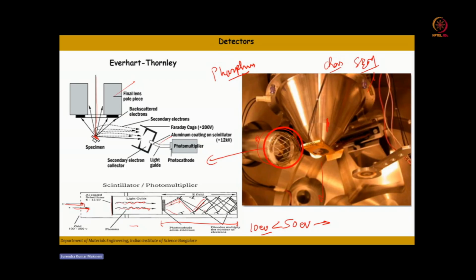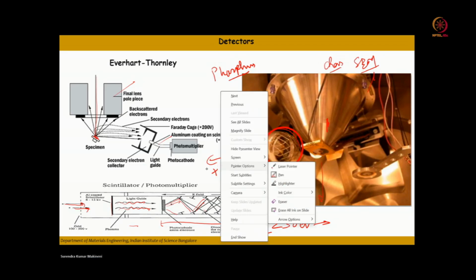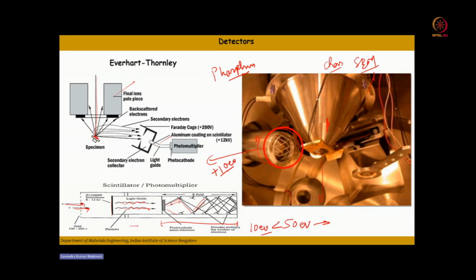This bias voltage is around plus 10 kilo electron volt, or up to 12 kV. Remember, the sign is plus, and it is applied to an aluminum thin film covering the scintillator, which has a positive voltage of around plus 10 kilo electron volt or up to 12 kilo electron volt.